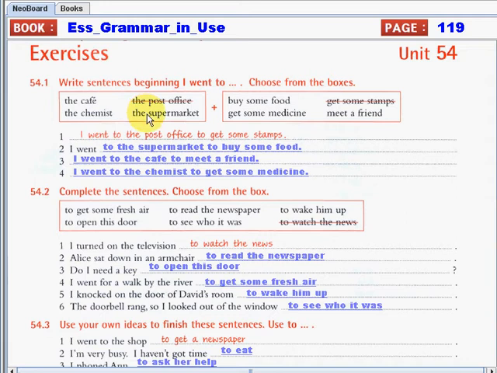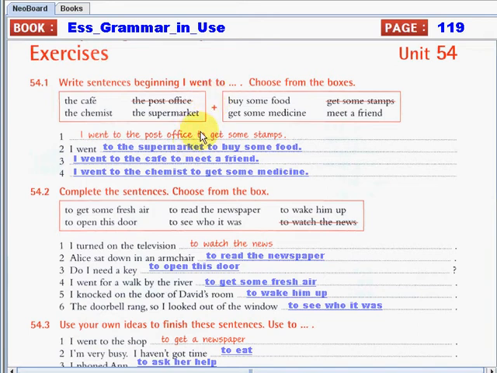So let's start with number 1. Okay, so as the direction says, start with I went to, and then you will choose the post office. So the plus sign will be changed to the word to.